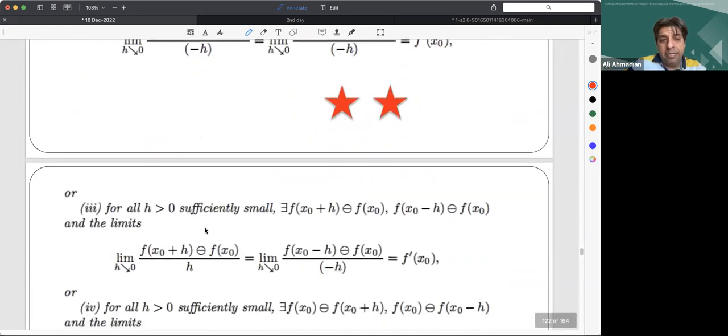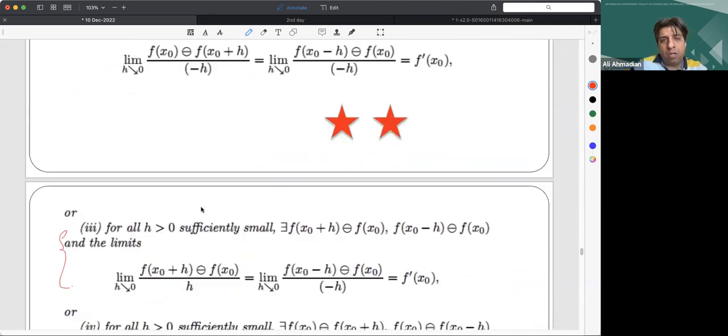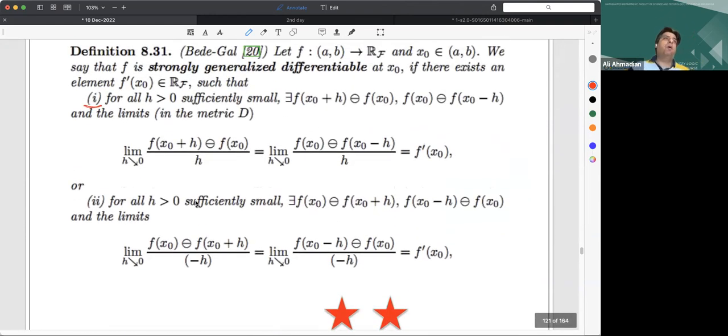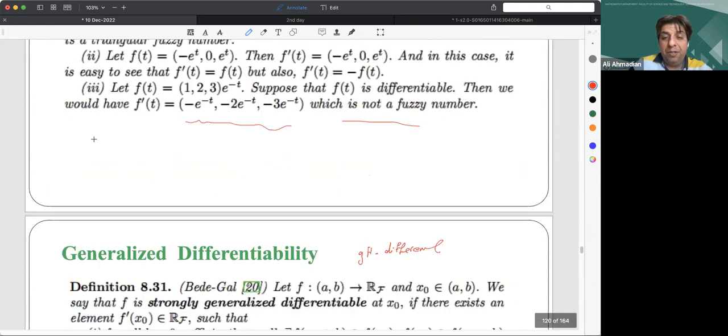The first, second, third, and fourth: the 2nd, 3rd, and 4th are not very popular because the output is not fuzzy. I don't want to discuss why. The first two are important. Using the generalized difference we reach the generalized differentiability. The first one is the Hukuhara one.